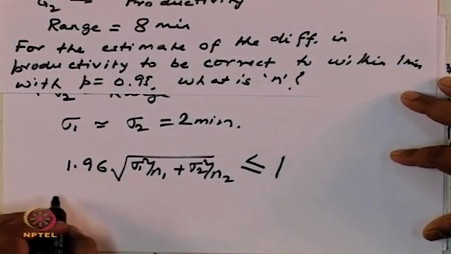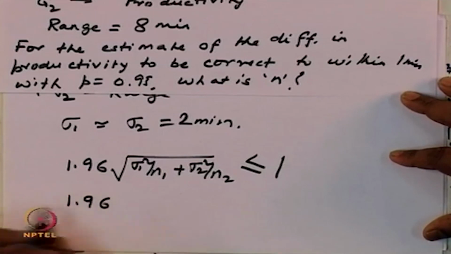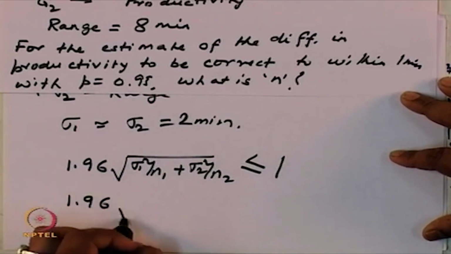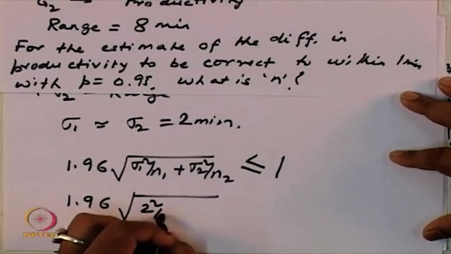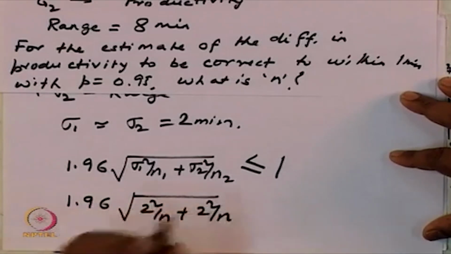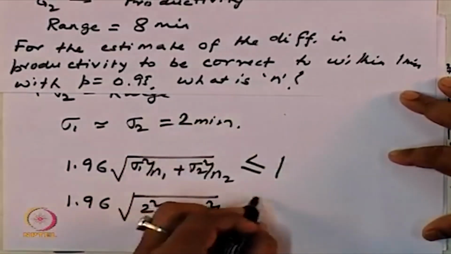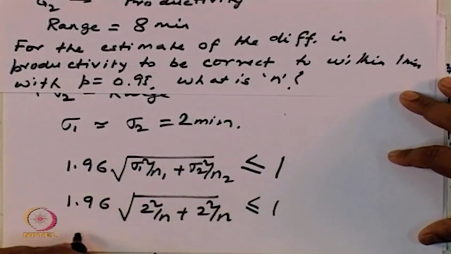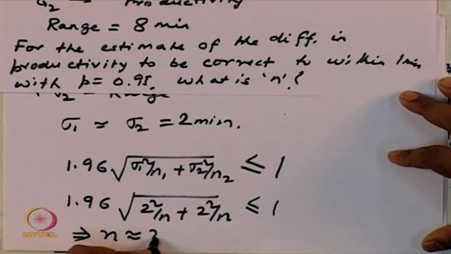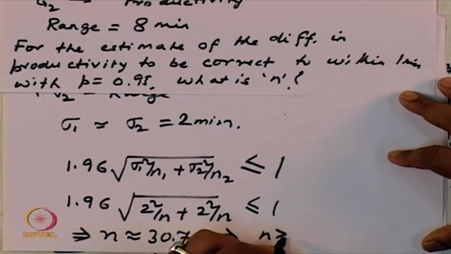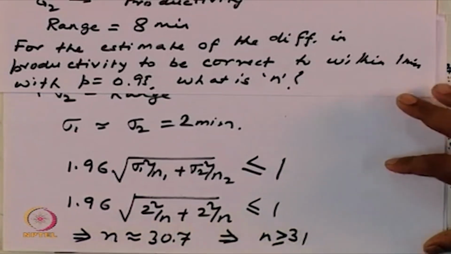In the above expression, you can simplify it by writing 1.96 root of 2 square by n plus 2 square by n, assuming n g1 equal to n g2, less equal to 1, and if you solve this equation, you get n roughly equal to 30.7. So, this means your n has to be greater or equal to 31. This concludes our discussion on confidence intervals.